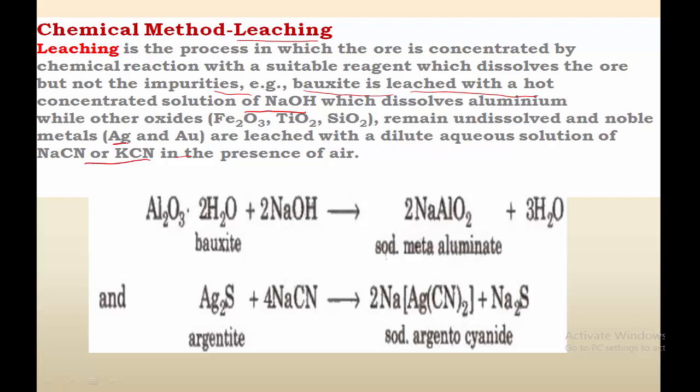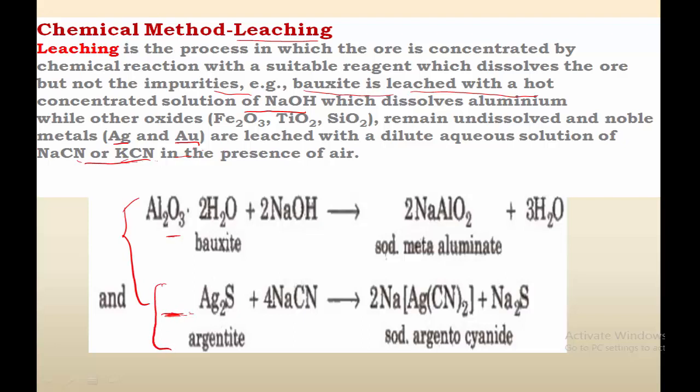Noble metals means silver and gold. These are leached with aqueous solution of NaCN or KCN in presence of air. So this is the reaction which is involved in the leaching of bauxite, that is alumina, and leaching of silver as well as gold also represents the same reaction. And here this process is known as cyanide process.